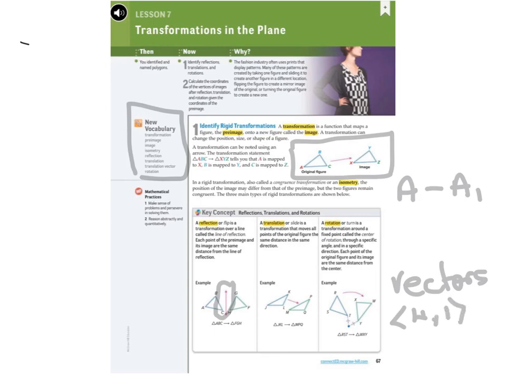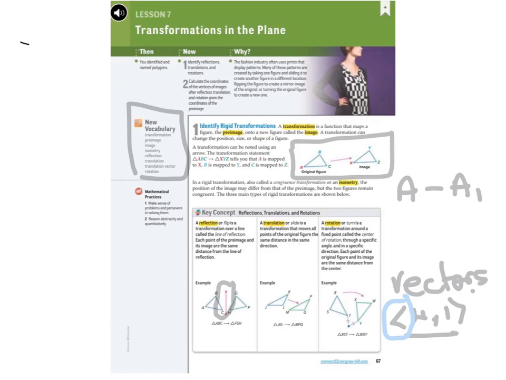So you'll either see the word vector or you'll see it like that, and that will tell you that you move the X coordinates 4 places, and then you move up 1 on the Y coordinate. So it'll either have the word vector or it will have this sort of notation as far as your parentheses are concerned. And then finally is your rotation.